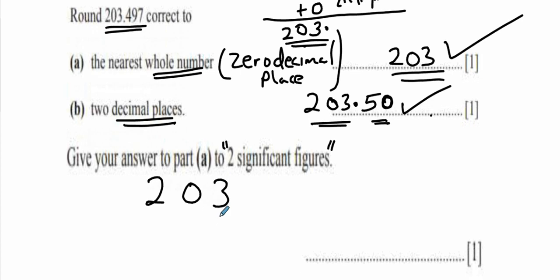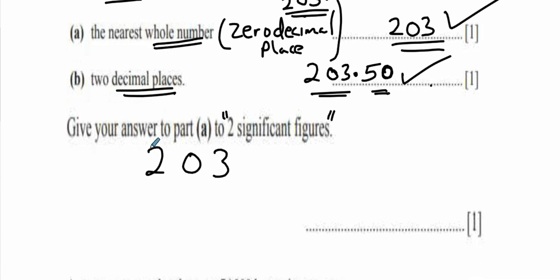Now you may be wondering, how many significant figures are here? Some people can say there are 2 significant figures. Why? The teacher said 0 is not a significant figure. No. 0 is a significant figure because it is between 2 non-zero digits. So this 0 will be counted as a significant figure.